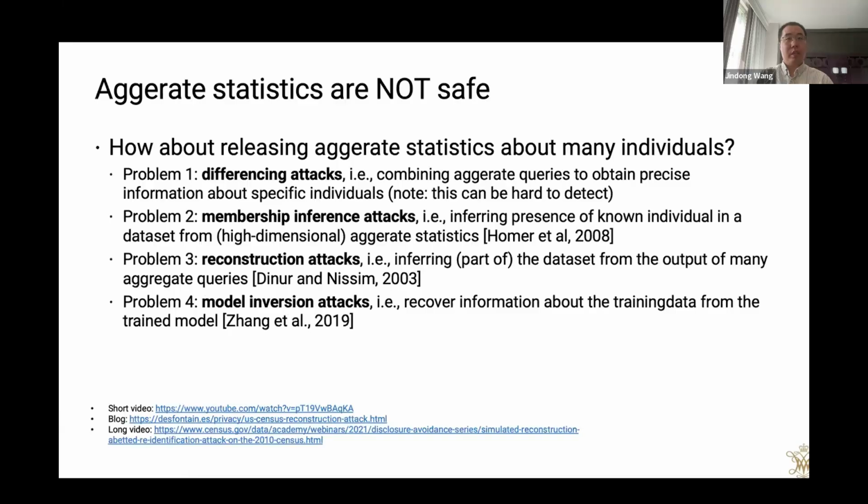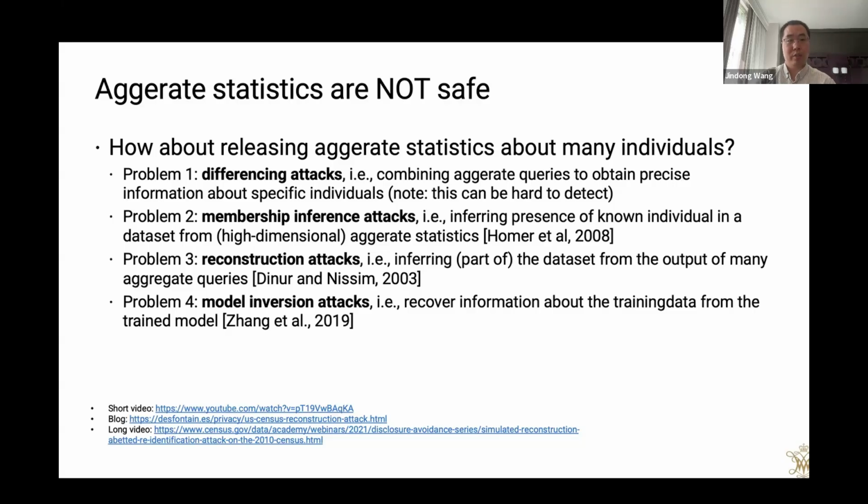So now you say, okay, I'm not leaking my information. How about the aggregation? I don't explicitly tell people my accurate information, but the companies only know the aggregation. Is that safe? Now you see aggregation is still not safe. There are four different attacks, even if you are only contributing to aggregation statistics.